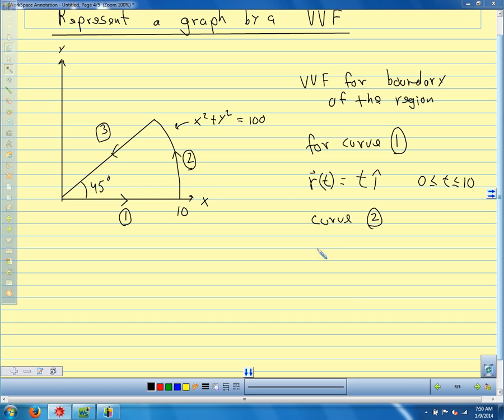So let's let x equal, and we have to account for this radius, so it's going to be 10 cosine t. Y equals 10 sine t. And doesn't this give me x squared plus y squared equals 100? So I'm going to say r of t equals 10 cosine t i plus 10 sine t j.